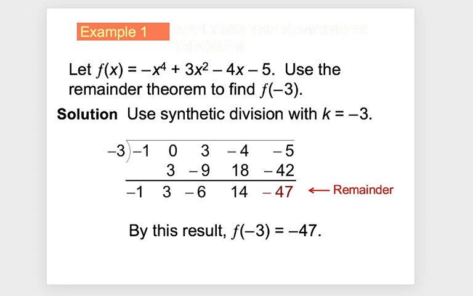Given what you have there, the values -1, 3, -6, 14, and -47 would actually give you the quotient when you would be dividing that polynomial by the denominator. But in this case, it's not really clear what the denominator is, but maybe you could figure it out now.